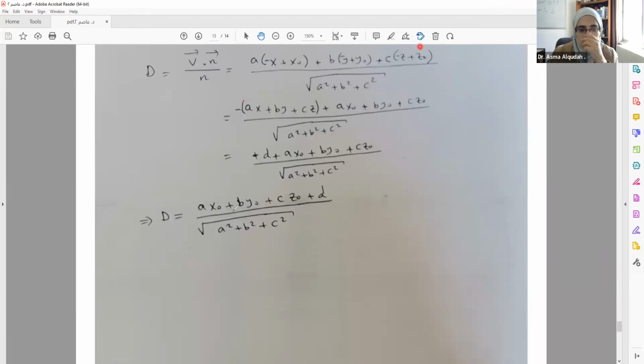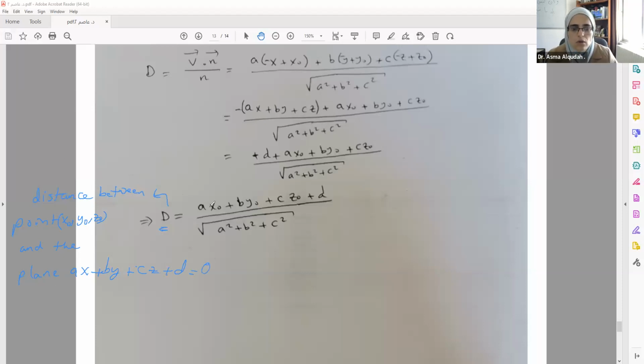The distance is between the point x node, y node, and z node, and the plane ax plus by plus cz plus d equals 0.